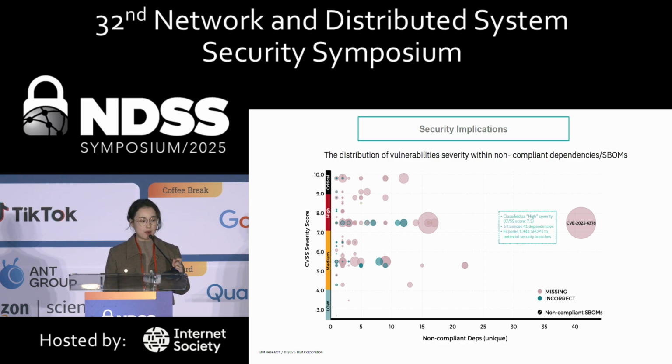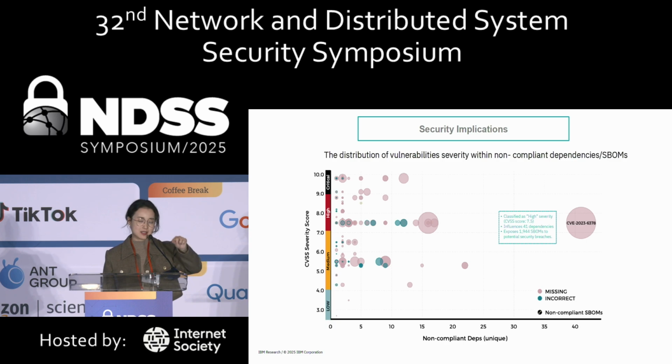And we use a bubble chart to illustrate the distribution of the vulnerabilities associated with the non-compliant dependencies and their impact on SBOM. As you can see, each bubble represents a vulnerability. The y-axis represents the severity score of the vulnerability, and the x-axis represents the unique non-compliant dependencies associated with these vulnerabilities.